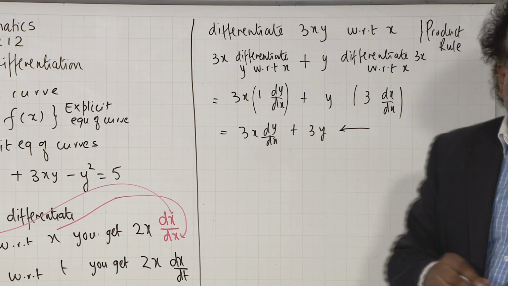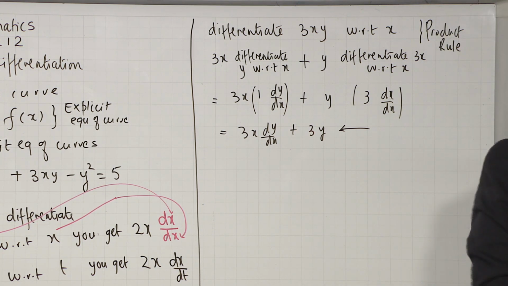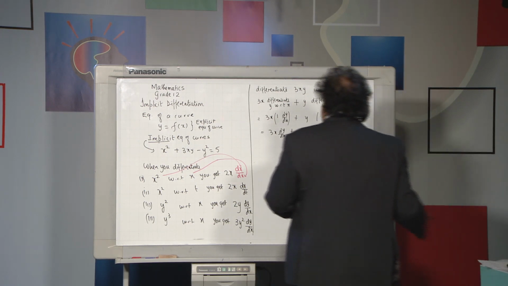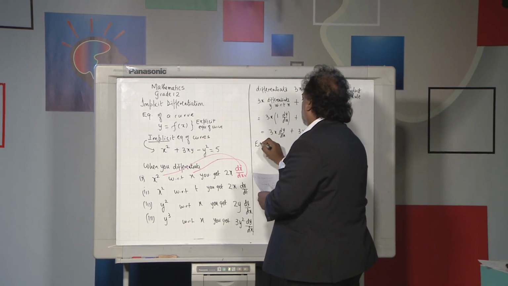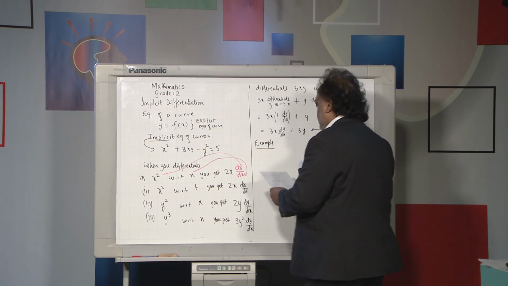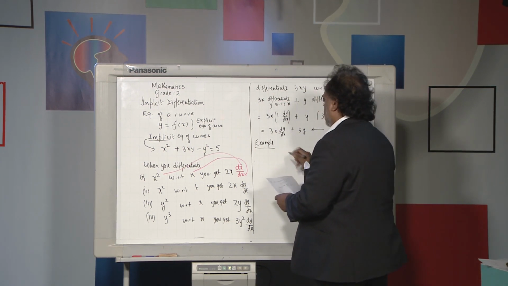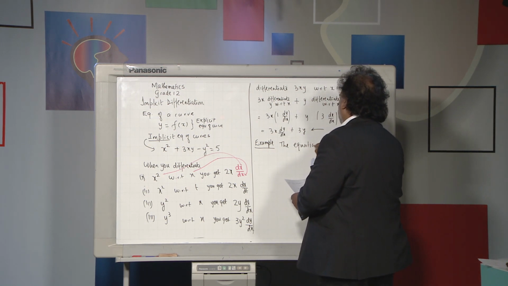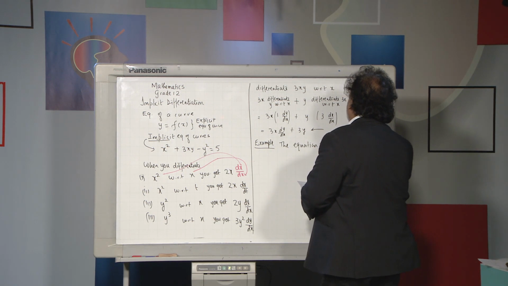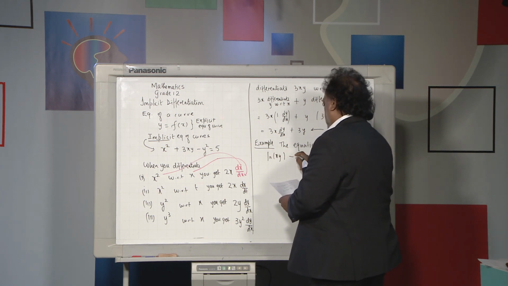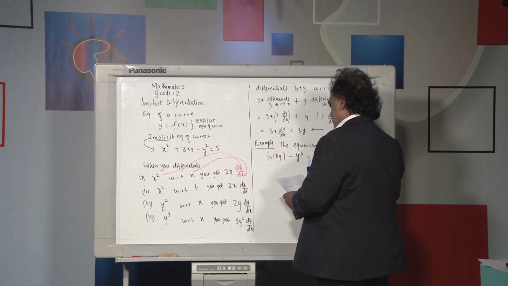So let me take an example. All these examples are set by CIE. The equation of a curve is ln xy minus y cubed equal to 1.